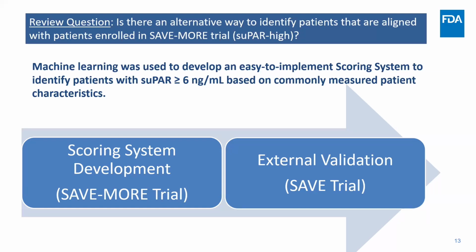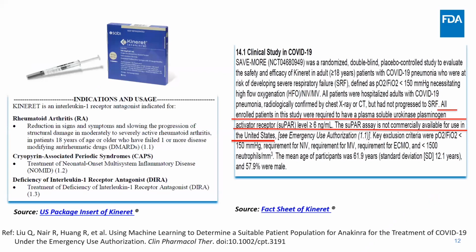One thing you may be curious about is why we don't approve this for the general population. Other trials done on the general population, regardless of SUPA, failed. Consider the mechanism of action: this one will inhibit your immune system, trying to reduce the cytokine.